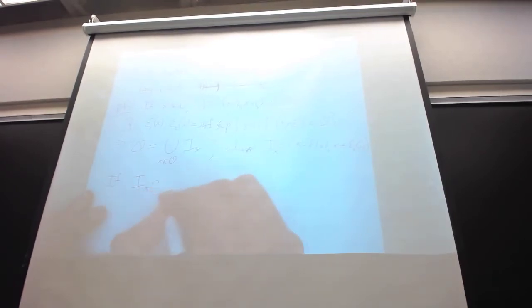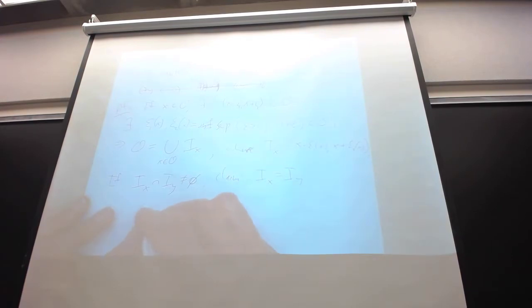All right. I claim these sets are either completely overlapping or disjoint. So if this intersection is not empty, then I claim that in fact they're the same. And this is, I think, obvious. So if there's an interval about x, and it somehow intersects an interval about y, here's y, here's I sub y, and here's I sub x.